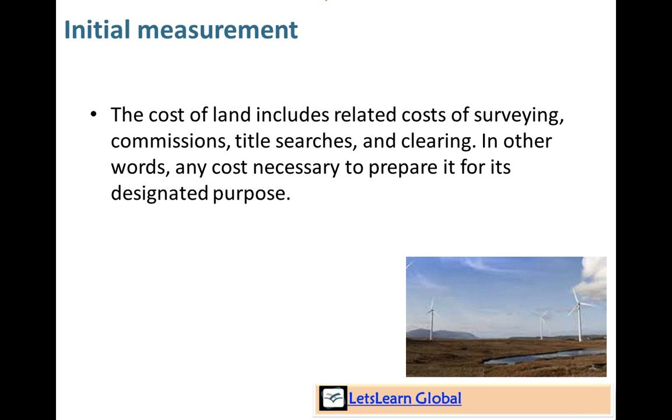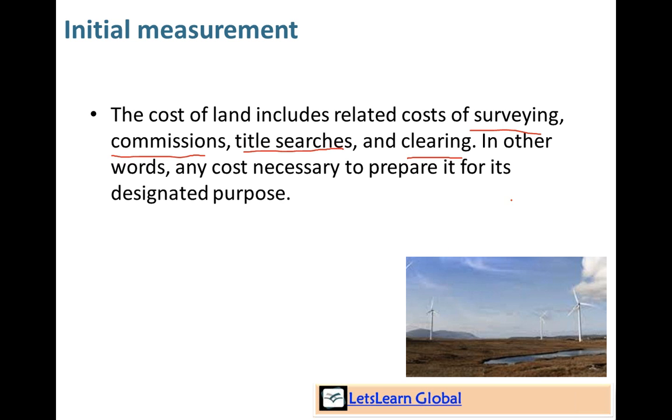So you'll have lots of other costs, unlike other fixed assets. Those costs include surveying costs, commissions paid to the finder of the land. Sometimes you need to pay lots of money for title searches, to find who is the real owner, etc. Clearing of land: the land may not be in a good condition to use, so you will have to have some preliminary activities to make the land useful.